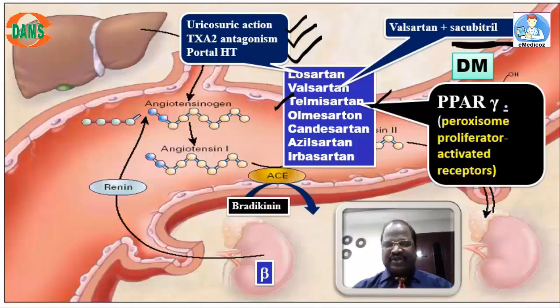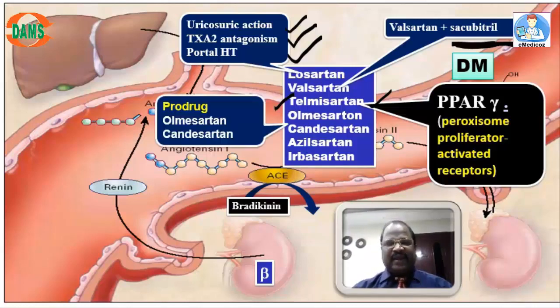Next important question. Among the ARBs, olmesartan and candesartan are prodrugs. Remember, the ARBs that are prodrugs are olmesartan and candesartan. Remember, doctor, all ACE inhibitors are prodrugs, exception captopril and lisinopril.